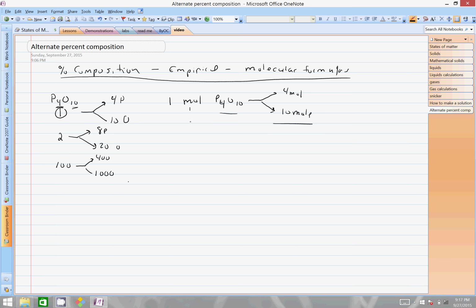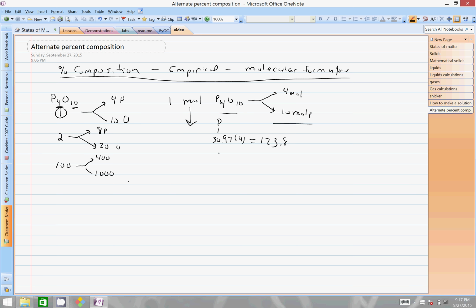Now, 1 mole of phosphorus, how much does it weigh? Well, the molar mass of phosphorus is 30.97, and there are 4 of them. I'll just be calculating along with it. 30.97 times 4 is 123.8.